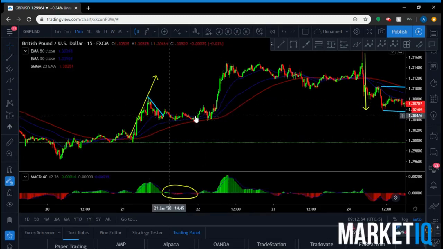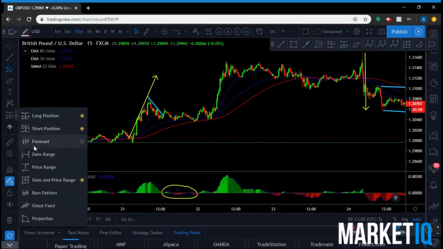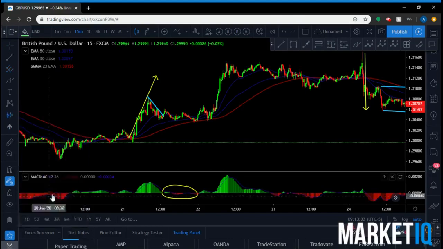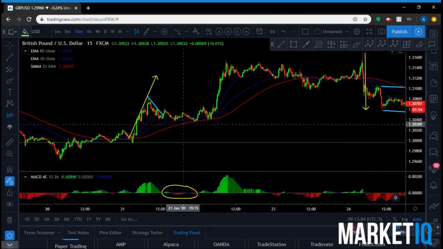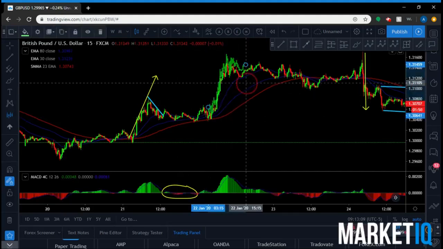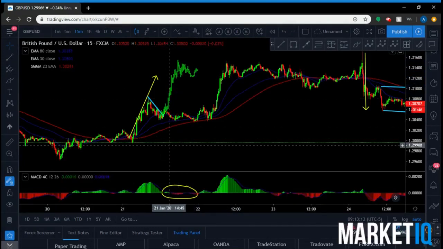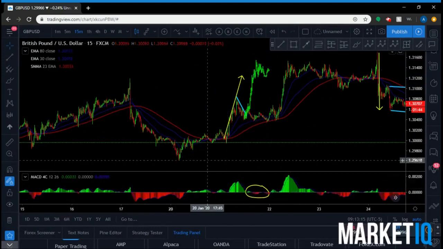Because this correction could have been a very short correction and the whole trend could have looked very different. So basically, instead of getting all of this extra corrective price action, it could have just gone straight to that. I mean, there's no reason why it couldn't have.